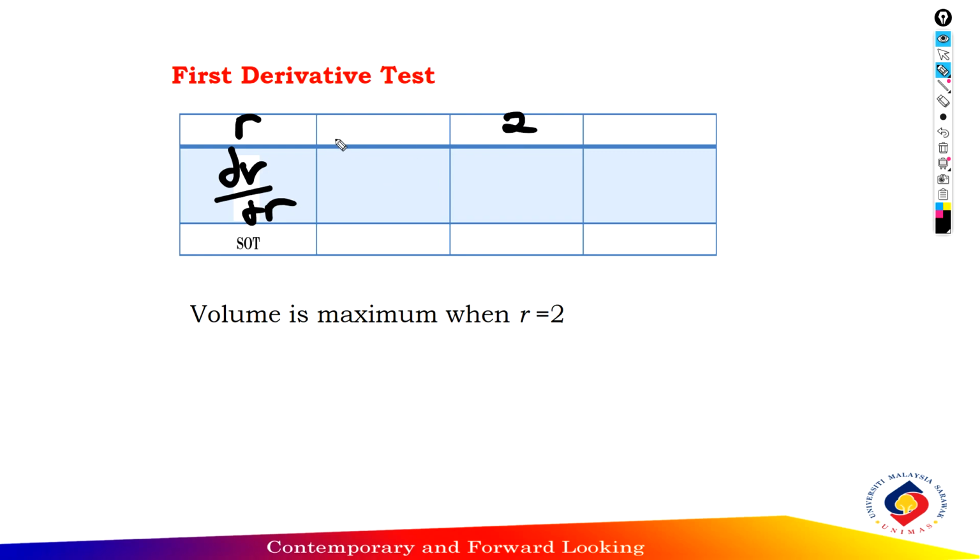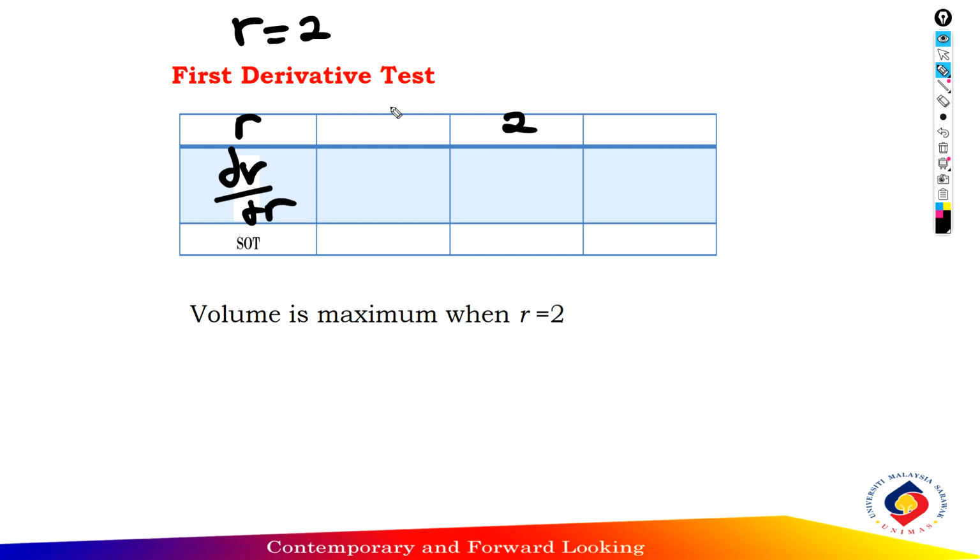First row, the radius of the cylinder, second row, the first derivative dV/dr, and third row, shape of tangent. The radius is 2 centimeters.